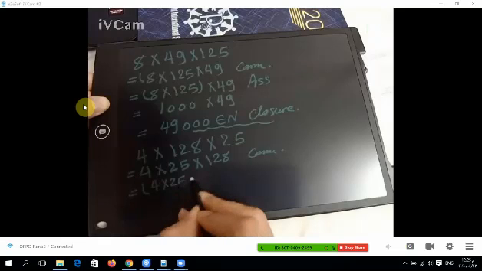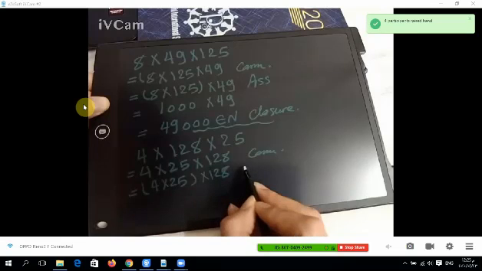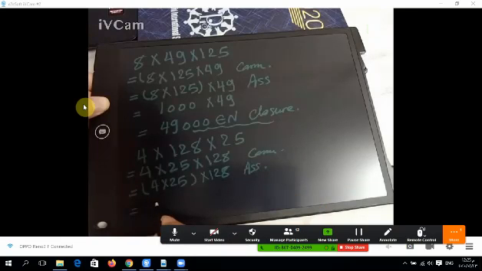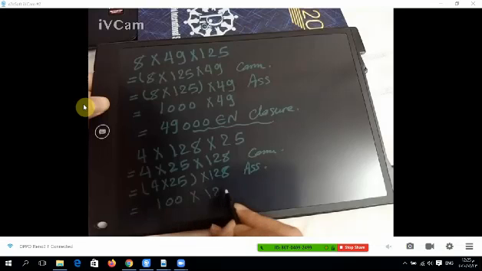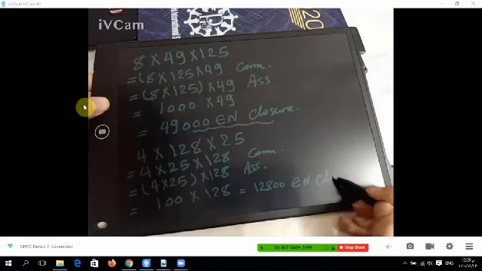And then multiply 128. And this is associative. Then equals 100 multiply 128. We will put the zeros. It will be 12,800, and it belongs to N. So it's closure.